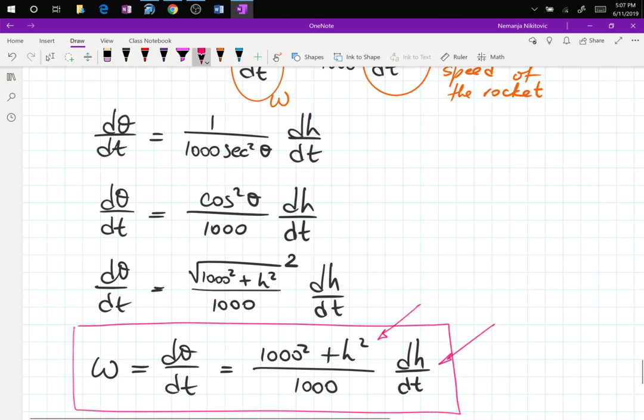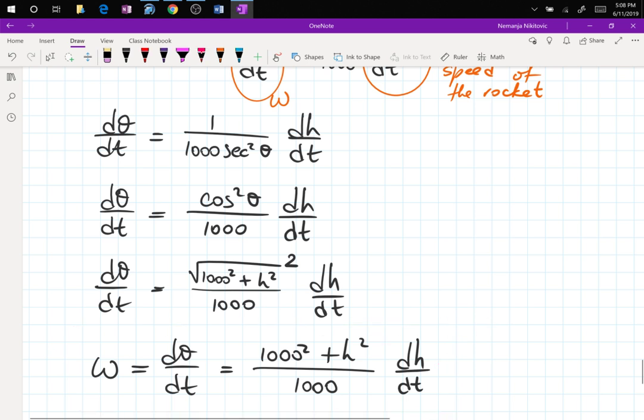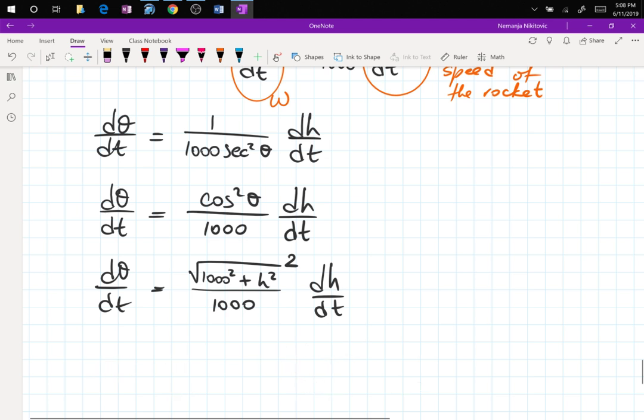I have to fix this problem. It's not correct, because instead of the entire cosine, I placed only part of it. So we'll have to fix the last two lines.